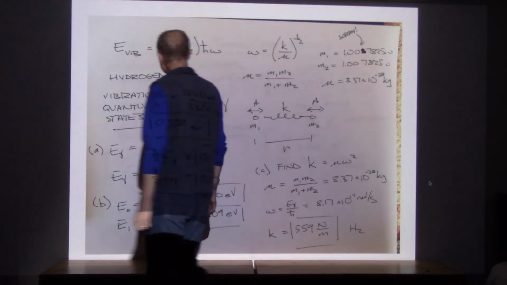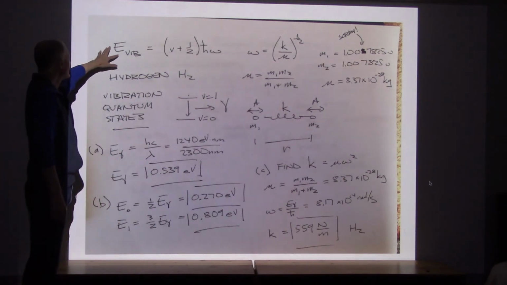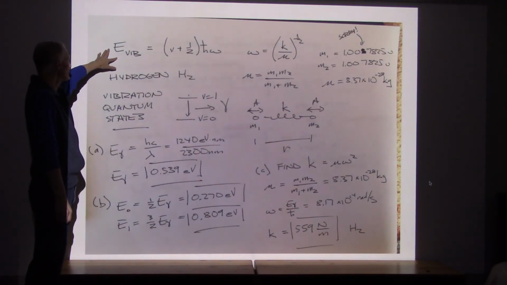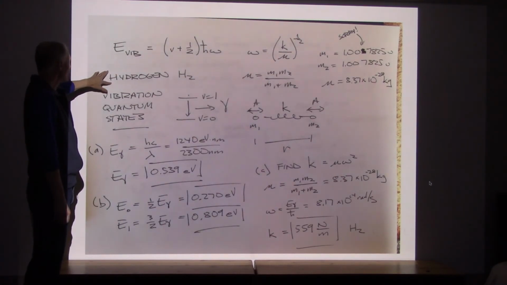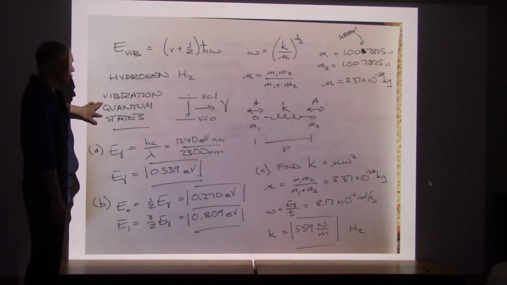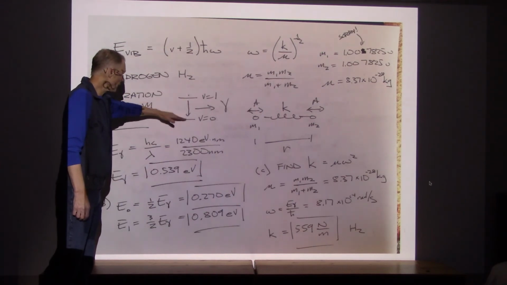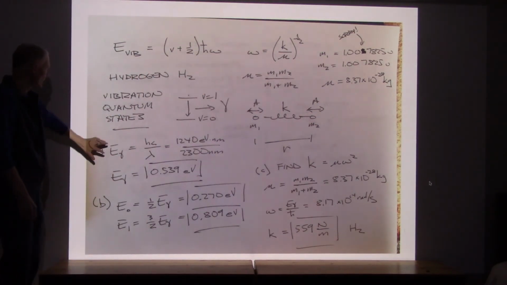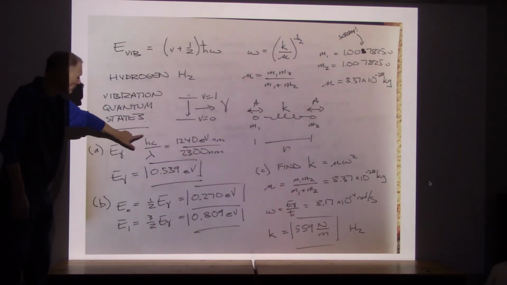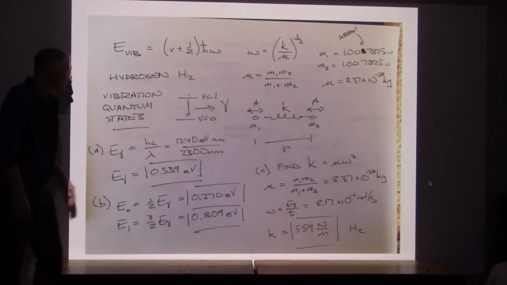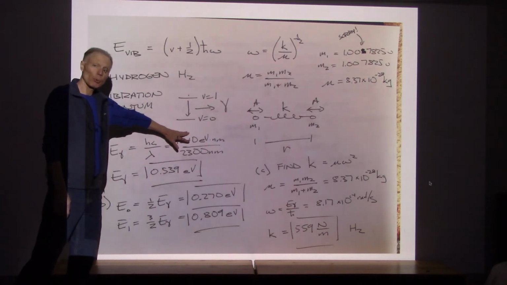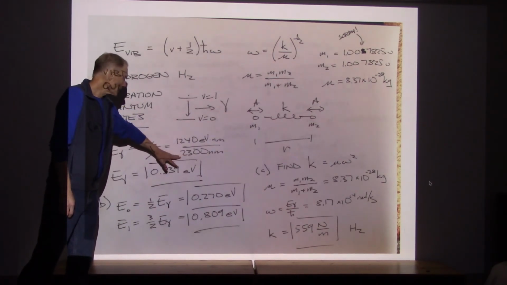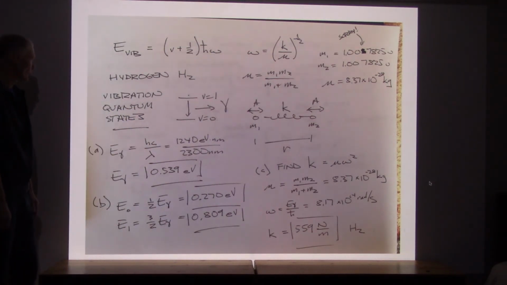So let me get part of this set up. We're going to bring in our vibrational energy formula, and we're going to apply this to hydrogen. We're looking at these quantum states going from state number 1 down to state number 0, thinking in terms of the energy of the photons. Energy of the photons are given by hc over lambda, so that's our old friend 1240 eV nanometers divided by 2300 nanometers.